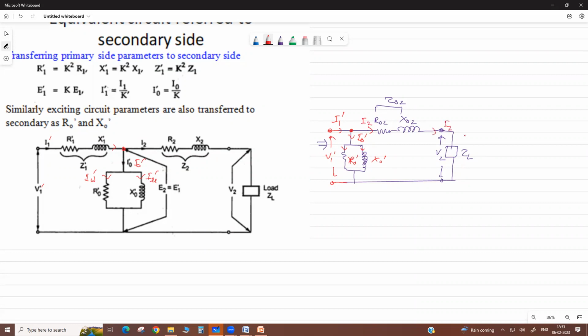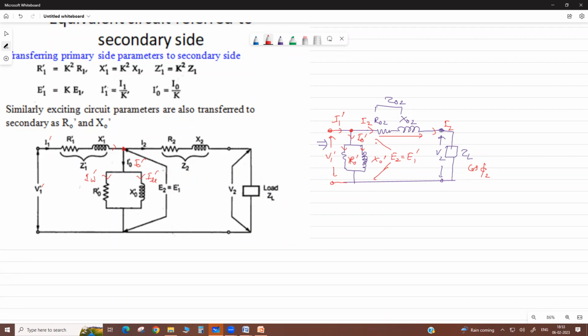This is your load current I2 at cos phi 2. This is V2. Now, due to this load current I2, there is a drop in this impedance. This is E2 equals E1 dash. Here we put E1 dash.